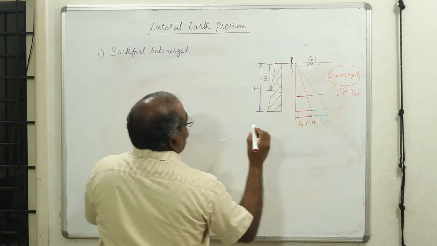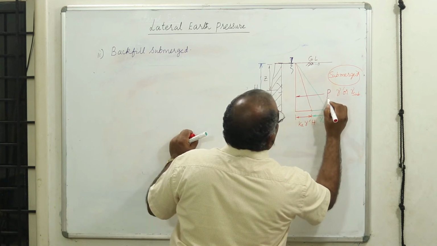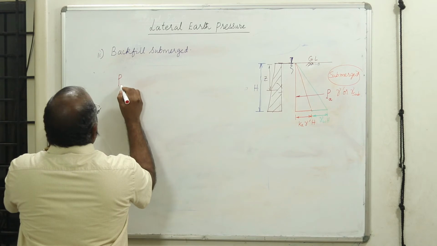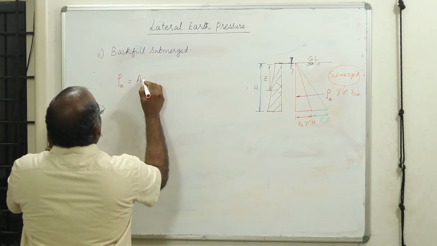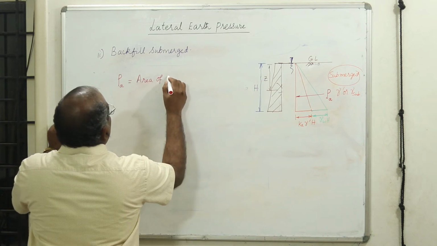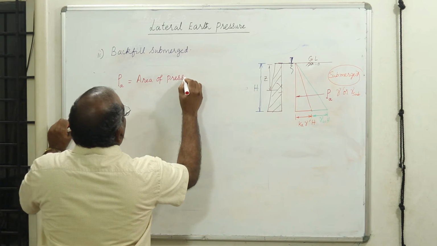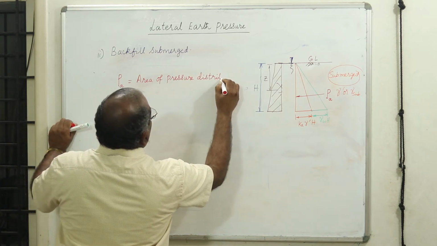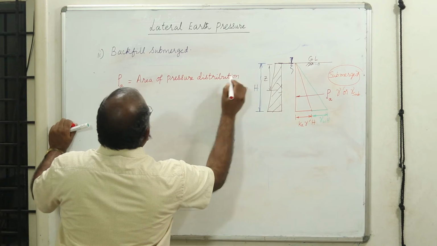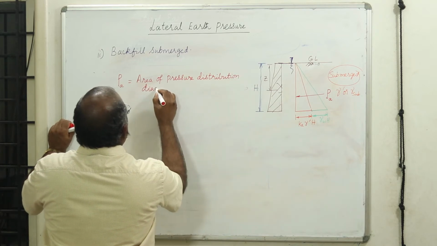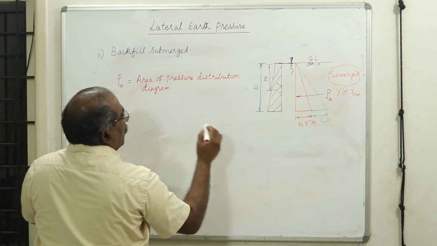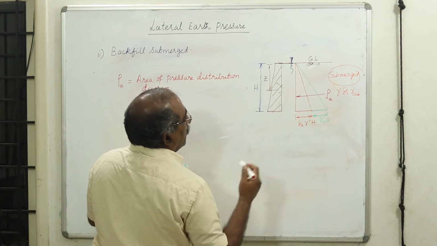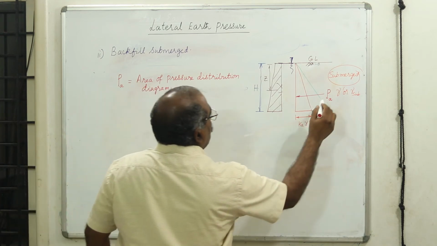The total thrust PA is equal to the area of the pressure distribution diagram. It's not a difficult thing. One can take the area of one triangle, take the area of another triangle, add it, and you will get your total thrust PA.